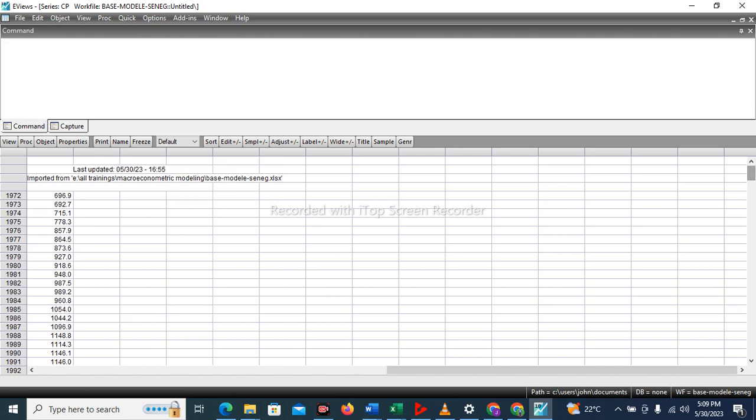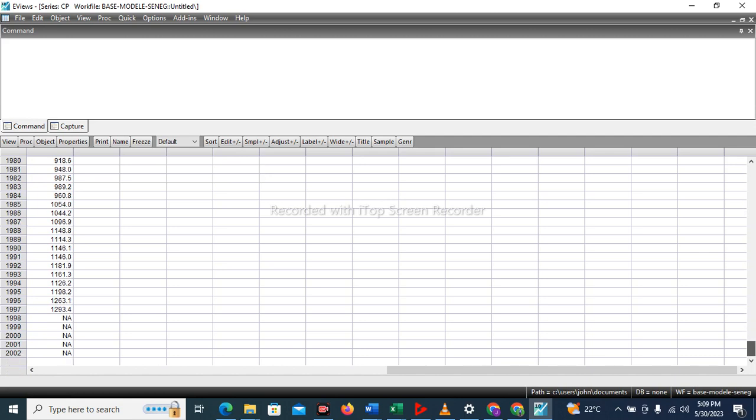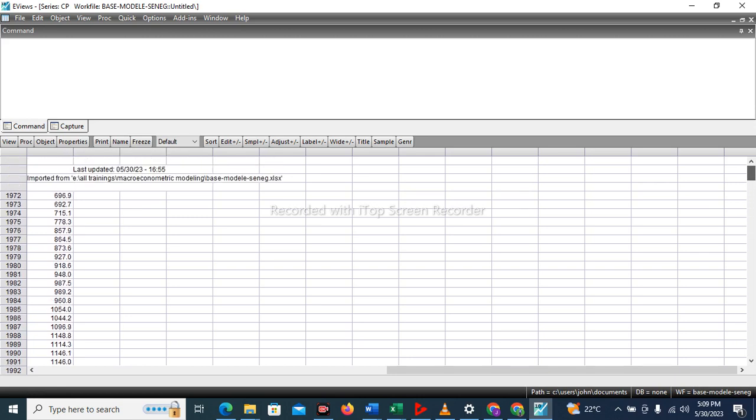So for this case, I will repeat the process like I did in the first video, and I'm going to predict the years 1998 to 2002 using those said methods. In the case of private consumption, it was a non-stationary variable. Therefore, I'm going to use the Holt-Winters method to estimate it.